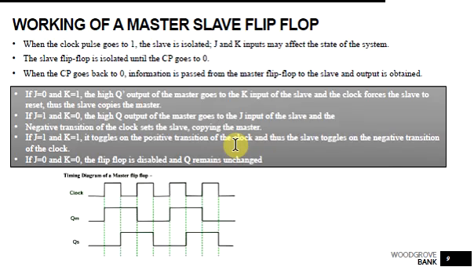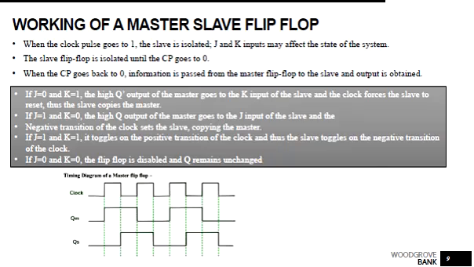If J is equal to 1 and K is equal to 1, that was the critical one. When both inputs are high, the master toggles on the positive transition of the clock, and thus the slave toggles on the negative transition of the clock. So the slave output will be toggled only during the negative transition.